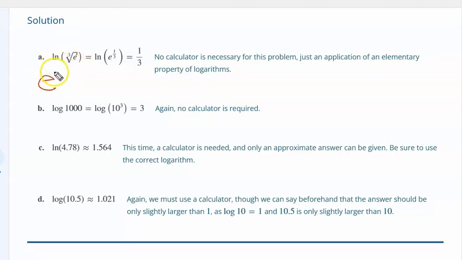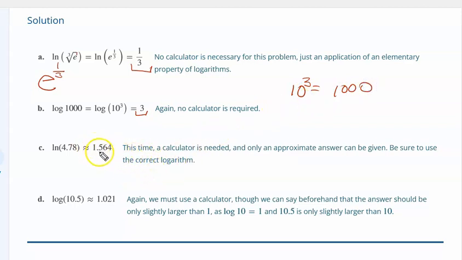And our index number is 3. So this just becomes e to the 1/3. Now in item B, we have log of 10 to the 3rd. So our exponent is going to be 3, because 10 to the 3rd power is 1,000.